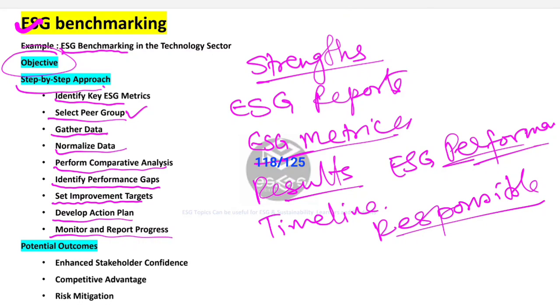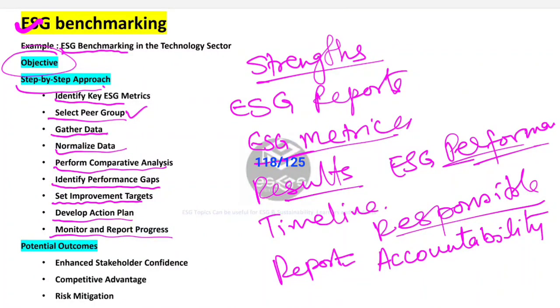Next is monitor and report the progress. So implement a monitoring mechanism to track progress against ESG targets. Also regularly report the updates to all the stakeholders, demonstrating commitment to transparency and also accountability.